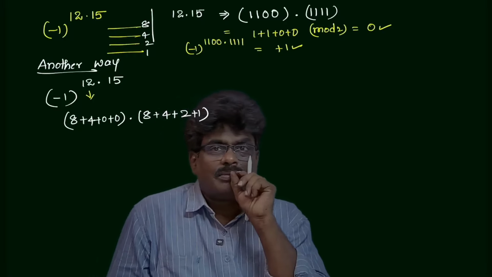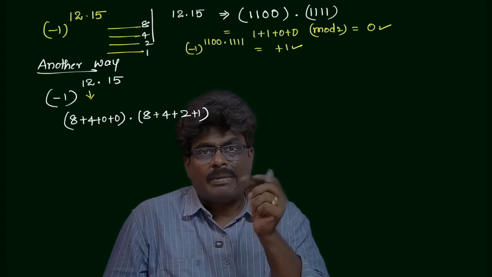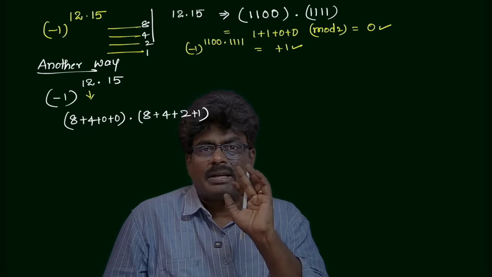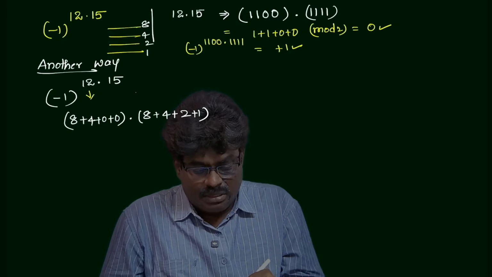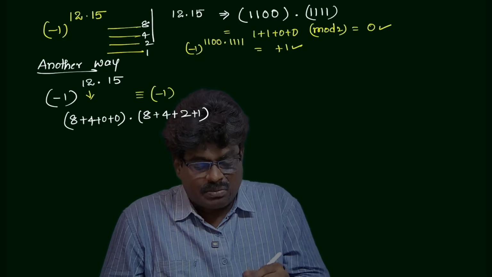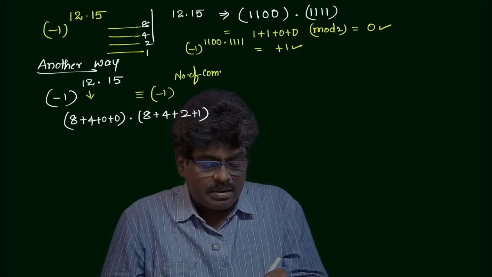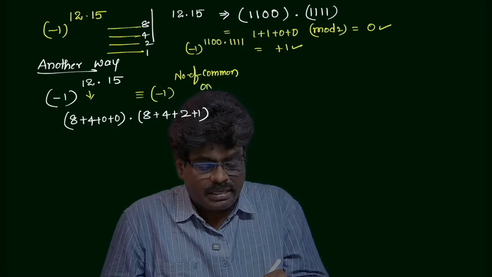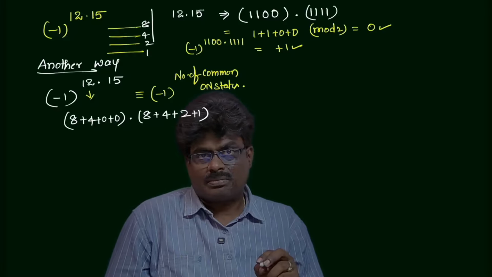Now what I am doing is, I am counting how many common on states. I am not bothering about off states, I am counting the number of on states. So this is nothing but minus 1 whole power the number of common on states. So don't consider zeros.